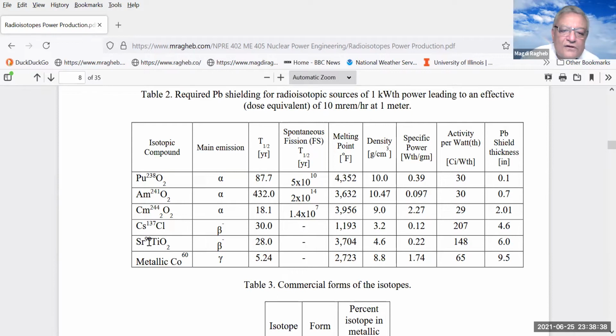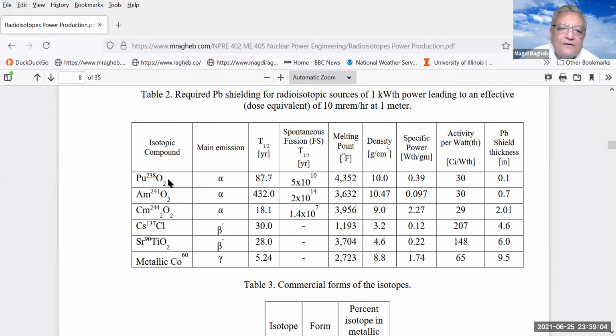So that's called strontium titanate, all right? And they have different melting points in that case. The plutonium dioxide has a very high melting point. So that's why it's suitable for launching into space, in case of an abort of the launch. It's not going to disperse itself over the ground in general.